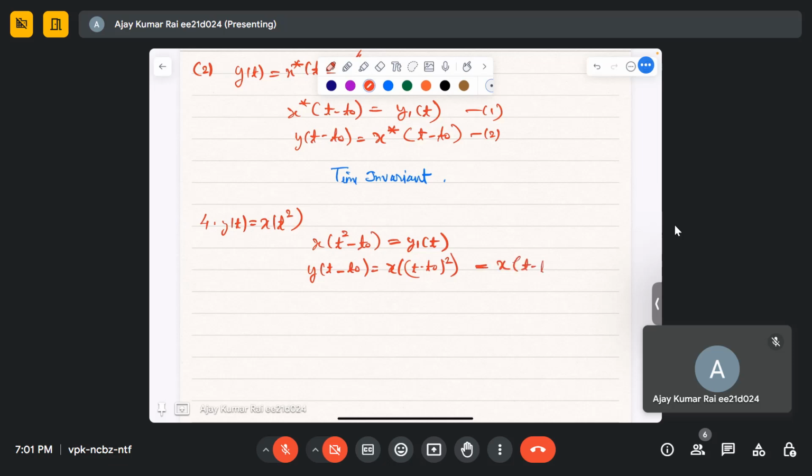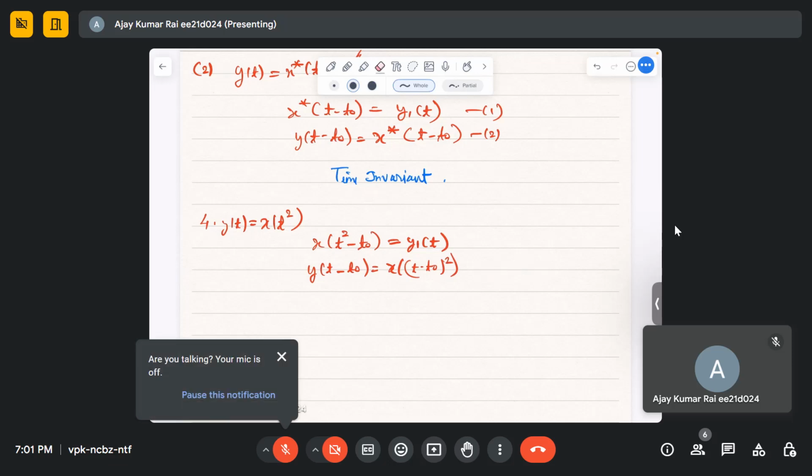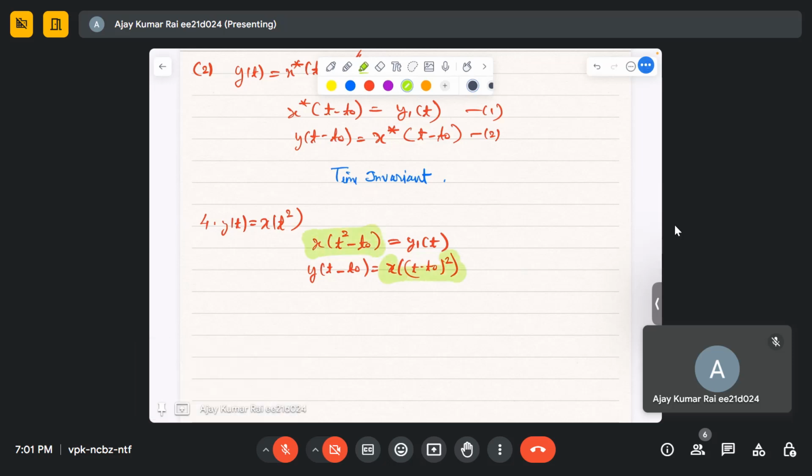Okay. So if you see these two equations, 1 and 2, see this, they're not matching, right?